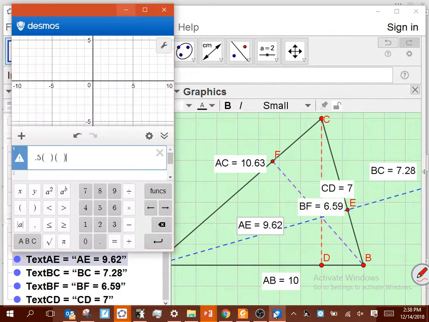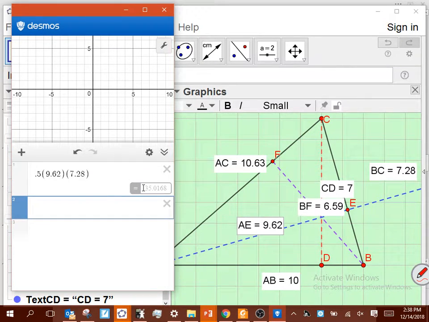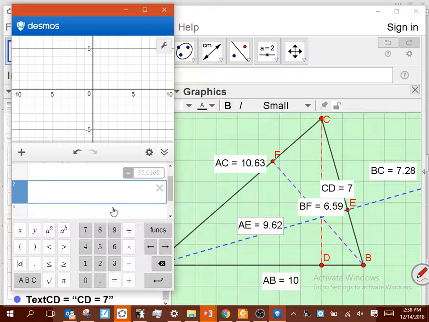So let's use 9.62. So that's talking about H being this blue dotted altitude, okay? The base it goes to is C to B, which is 7.28. And again, area, and if you can see that, it said 35.0168, okay?